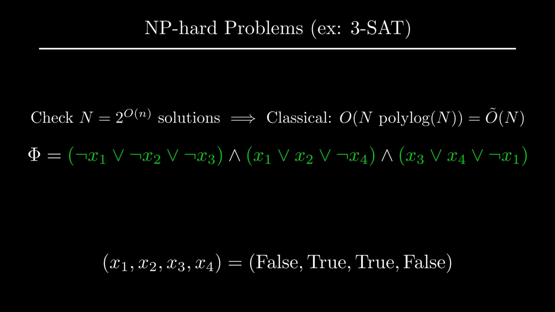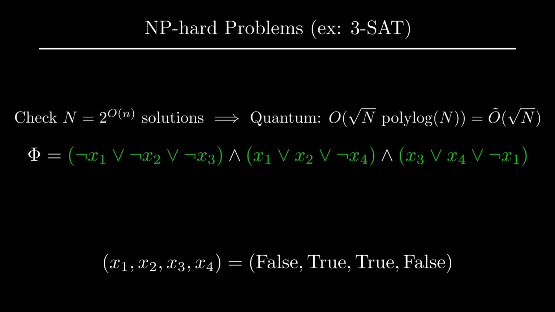However, using Grover's algorithm, we can instead do this in time O of square root of N polylog N, in other words, O tilde of square root of N, which, while still exponential in little n, can be much smaller than the classical version. In general, however, the main advantage of Grover's algorithm is that it is very versatile.